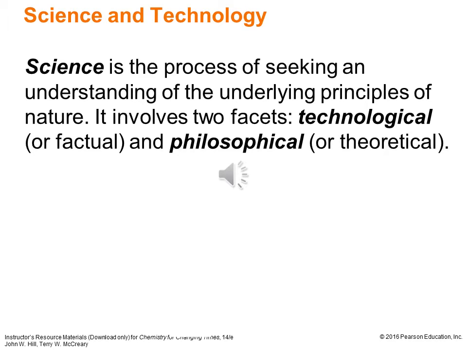So let's take a step back now and define science, a broader term. Chemistry is one of the natural sciences, but science itself, as our text defines it, is the process of seeking an understanding of the underlying principles of nature. It involves two facets, technological or factual, and philosophical or theoretical. Really, science is based on logical argument of empirical data, meaning things that can be tested in the lab.